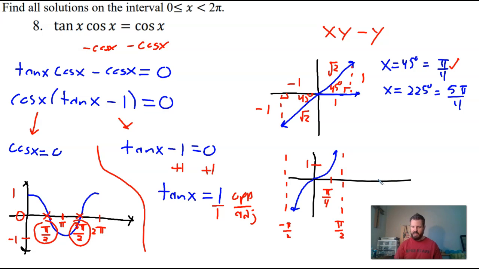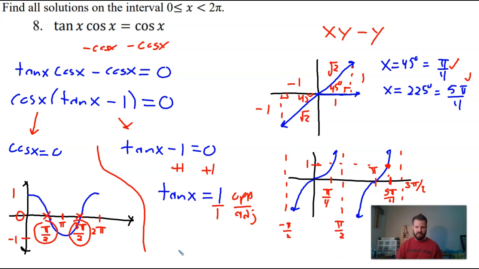Now, I'd say it's a little tricky to do this one because of the other value I need. I've got my next 0 at pi, and the asymptote happens at 3 pi over 2. So finding where it hits 1 is a little trickier. I'm not going to go through it, but it would be 5 pi over 4, just the average of pi and 3 pi over 2. It'd be the same thing we had here.